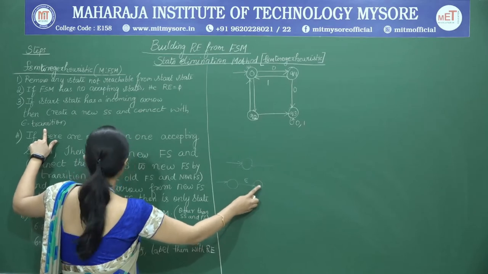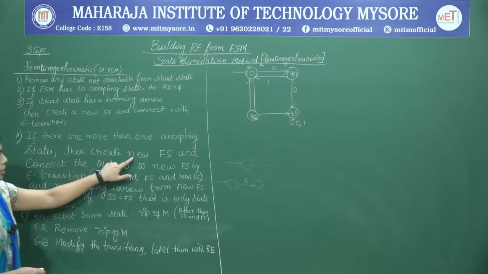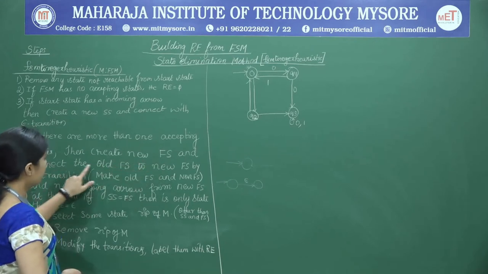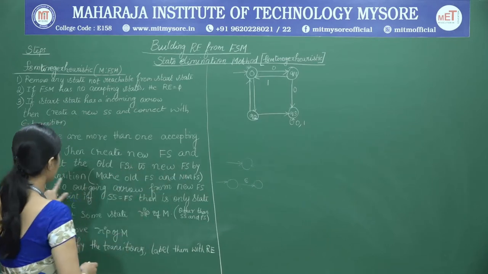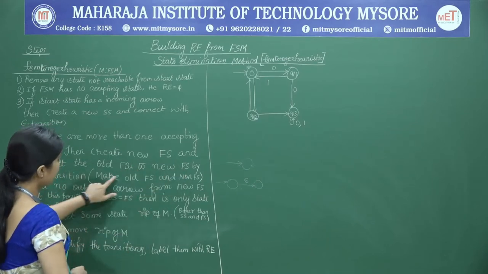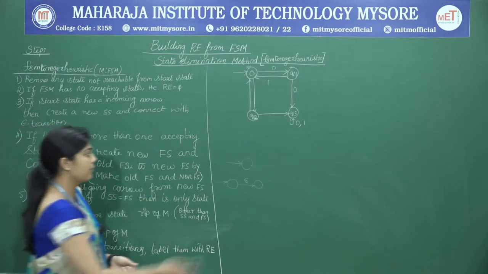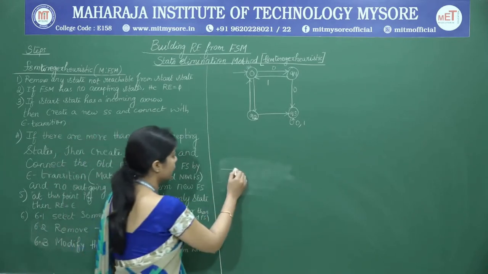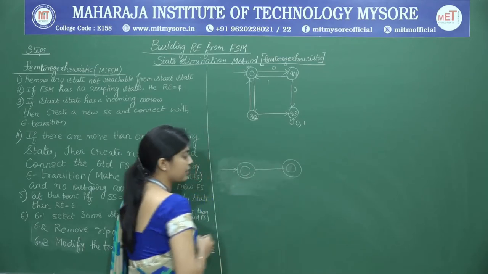This is a new start state that we have created, and we connect it with the epsilon transition to the old start state. Next, if there is more than one accepting state, then create a new final state, and connect the old final states to the new final state via the epsilon transition. Make the old final states non-final. Now suppose we have two states here which are both final states.